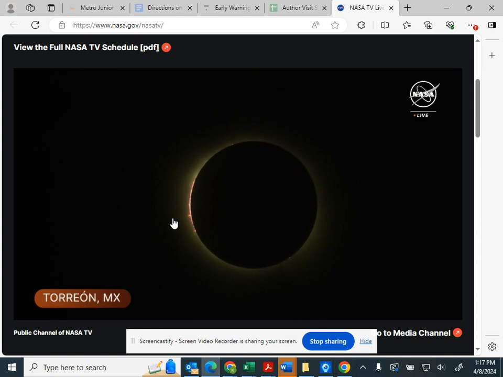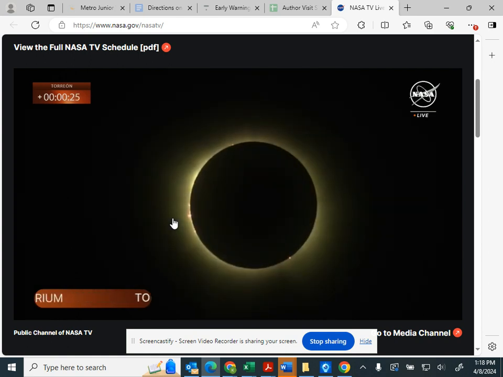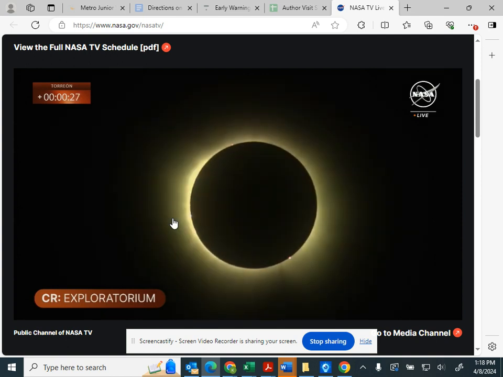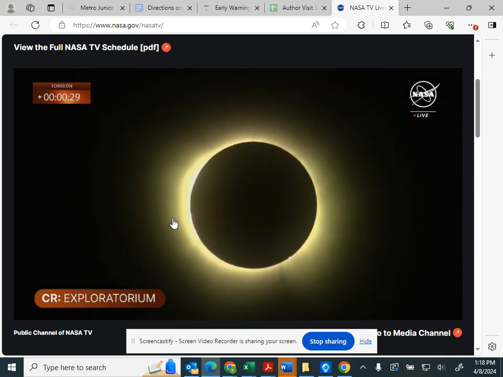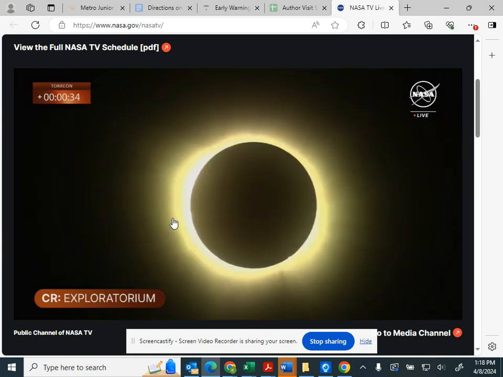Because when the moon moves back, if you're staring at it, you're going to be staring straight at that sunshine. You're not going to want to stare at that straight on. Because it's bright. Oh my gosh. What's going on? It's moving. It had covered it. Now it's moving, and we can see that sun shining through.